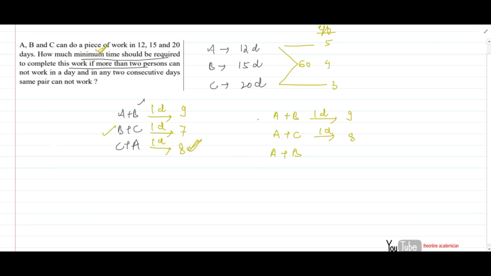So this way it will be more efficient, so it will take less time.